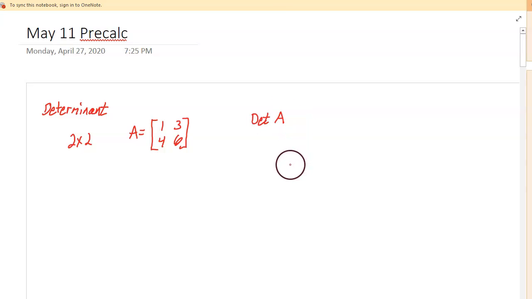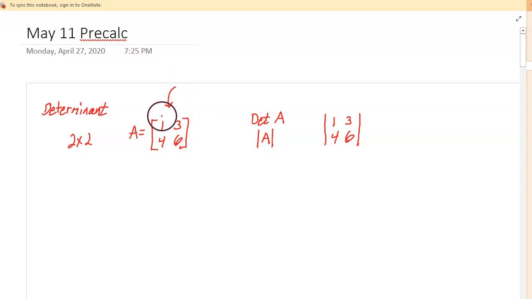Another way to indicate that we want to find the determinant of matrix A is to write vertical lines around the capital A. When working with matrices, these vertical lines are not absolute value bars. They mean determinant. If we don't want to refer to the matrix with a capital letter, but instead we want to actually indicate the entries in the matrix, then the determinant is again written with vertical lines, but the vertical lines surround the entries.